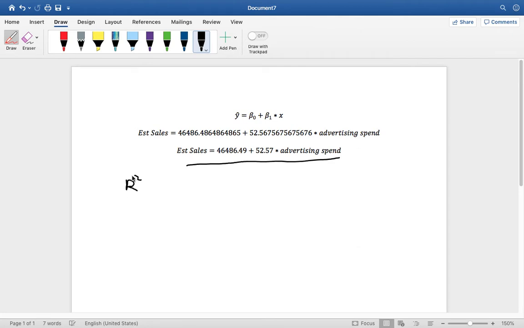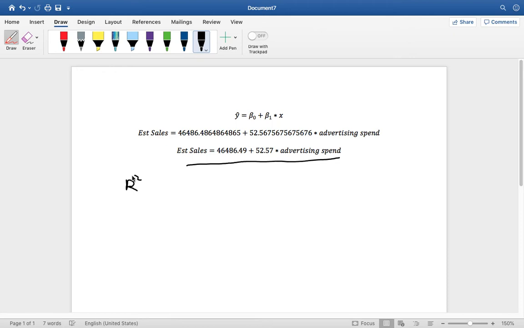And what is that? Well, R squared is going to tell us the proportion of the overall variability in Y, the dependent variable, from its mean that can be explained by changes in X, the independent variable. So in our particular scenario, R squared will tell us the proportion of the overall variability in estimated sales away from their mean.